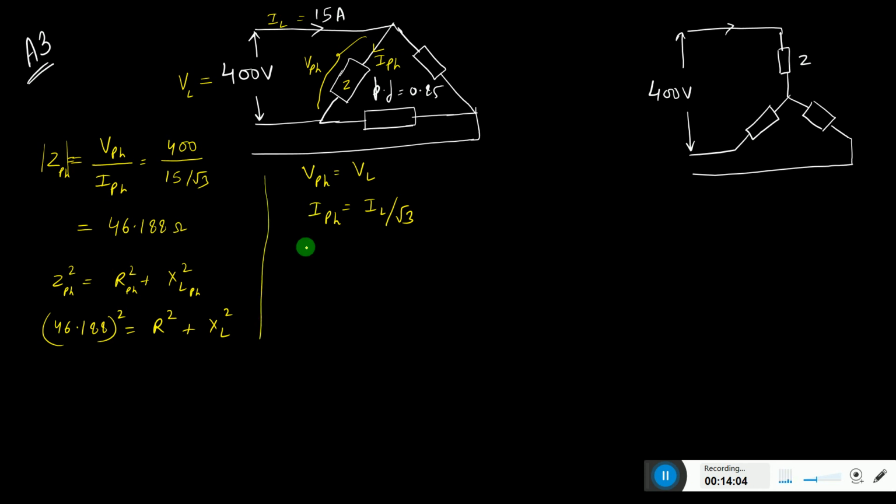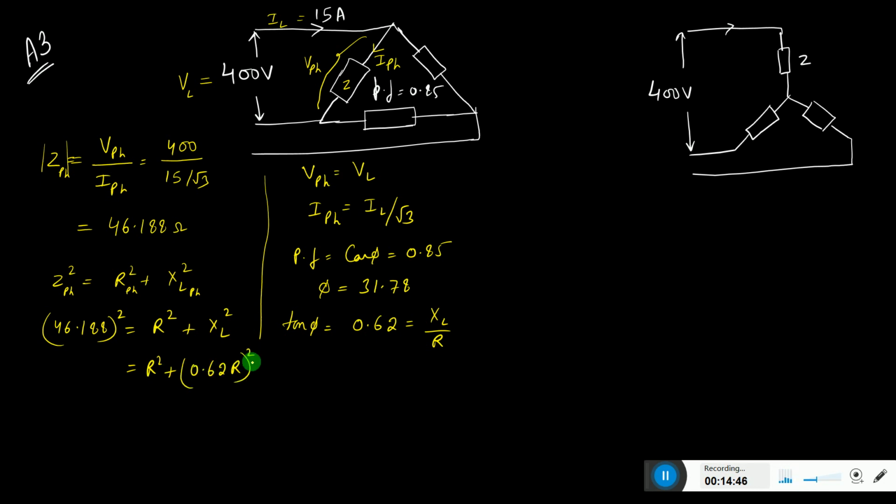Now since the value of the power factor, that is cos of phi, is 0.85, I can get the value of phi, that is 31.78, cos inverse of 0.85. And also we can find tan phi is equal to nearly 0.62, which is equal to XL by R. So instead of XL I can substitute R square plus (0.62 into R) whole square.